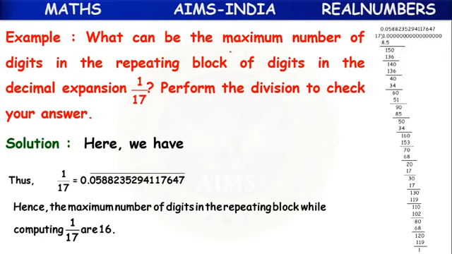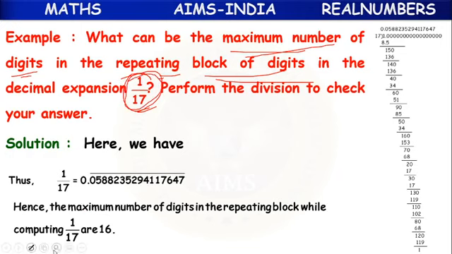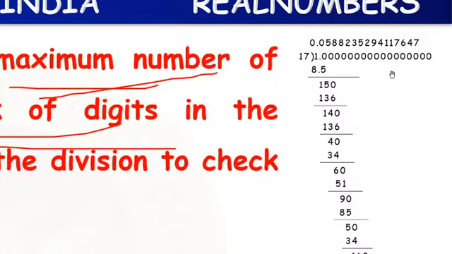What can be the maximum number of digits in the repeating block of digits in the decimal expansion of 1 by 17? Here we have to divide 1 by 17, that is, divide 1 with 17. We will get a decimal expansion like this.